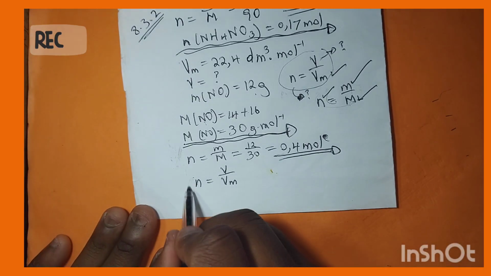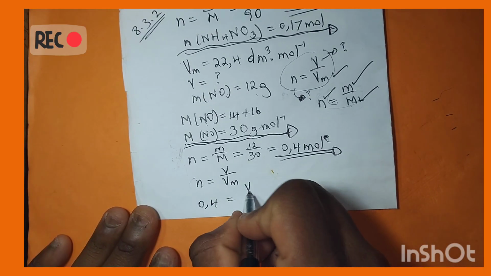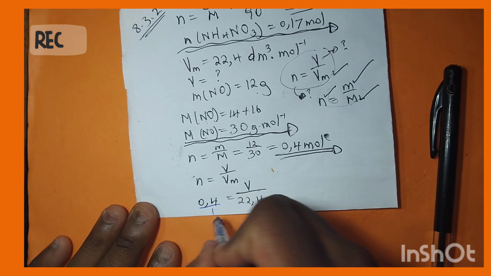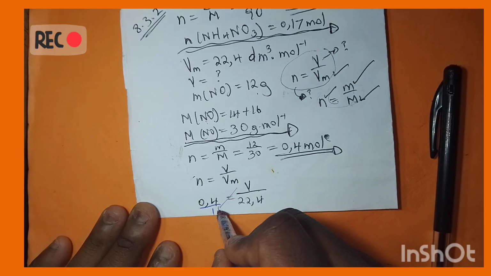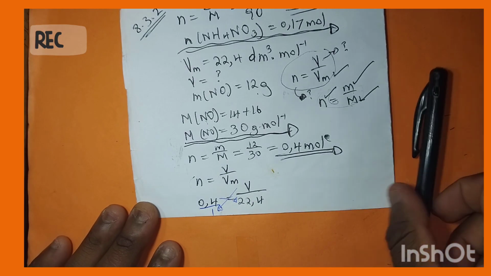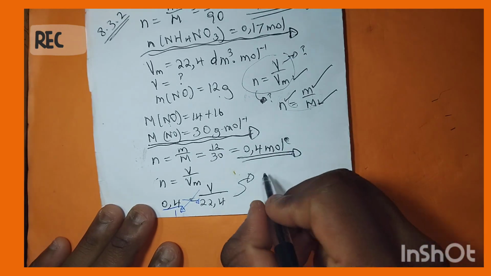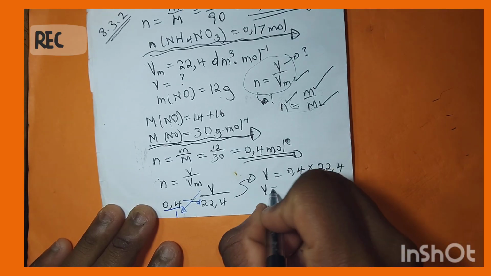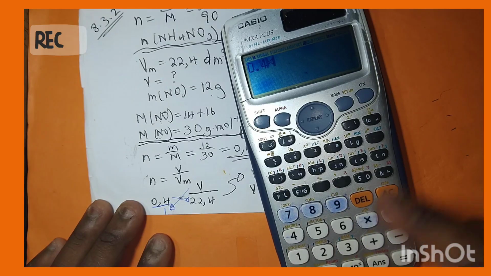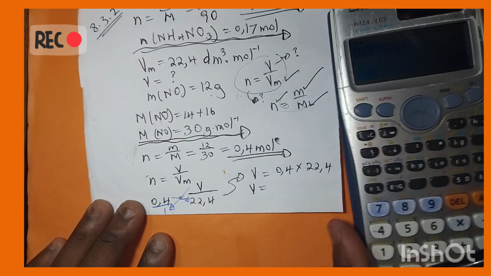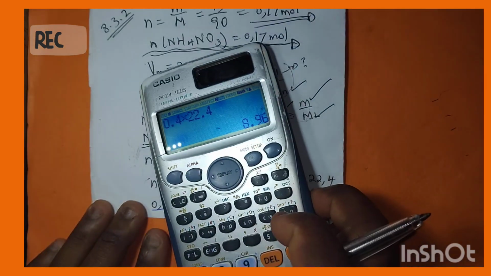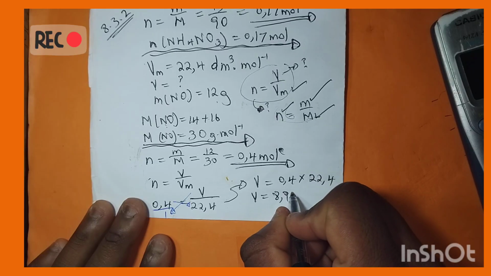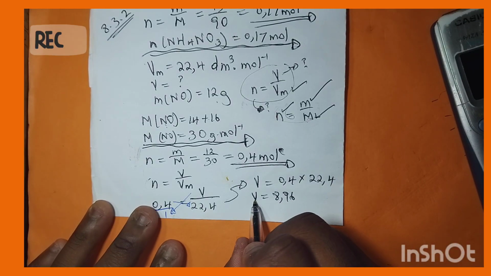Here I substitute 0,4 for moles and 22,4. I put an invisible 1, then cross multiply, so V is equal to 0,4 multiplied by 22,4. On the calculator, I get 8,96.